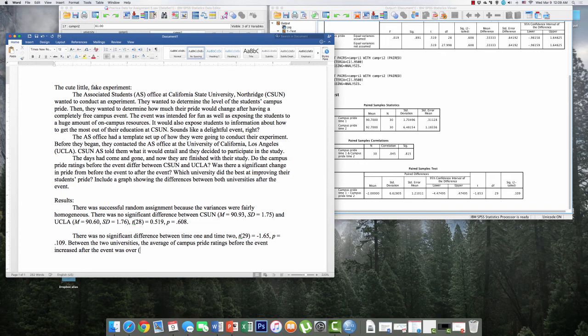Then we're gonna open a parentheses. Again, you don't have to write it this way. You can do comma, whatever you like. Mean is 90.70, and the standard deviation is 1.70.